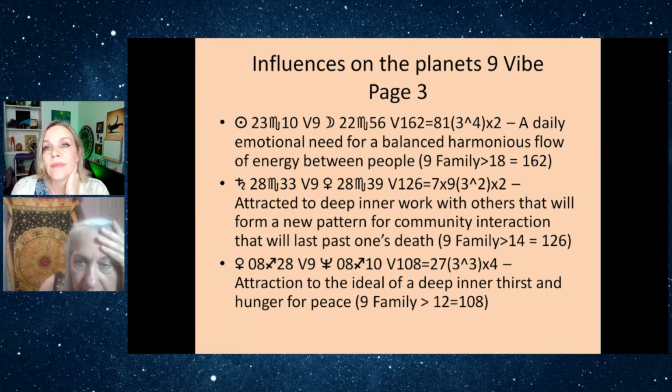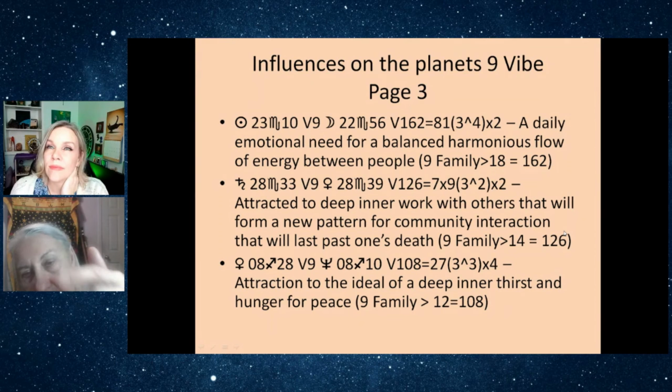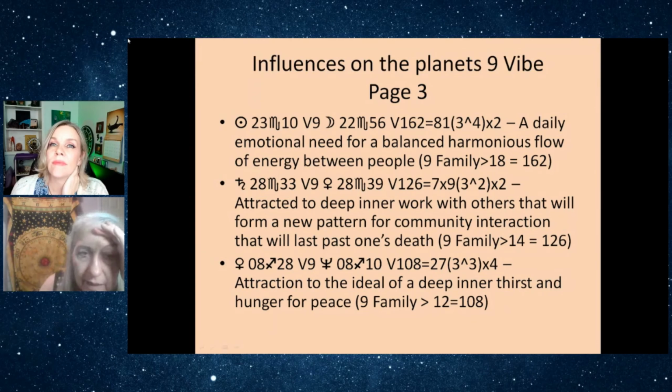So this is again about the flow of energy between people in the community because that's an 18 energy. A daily emotional need for a balanced, harmonious flow of energy between people. All right, this is something he puts into practice.